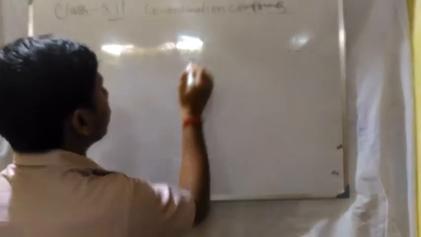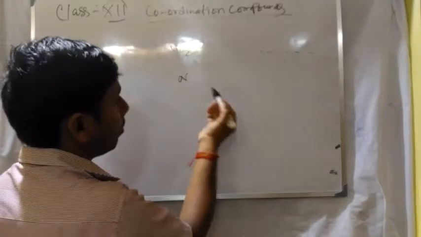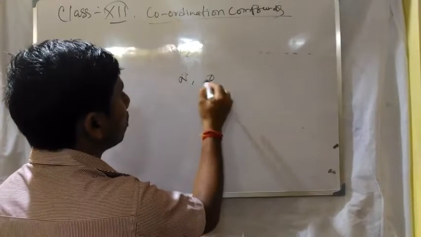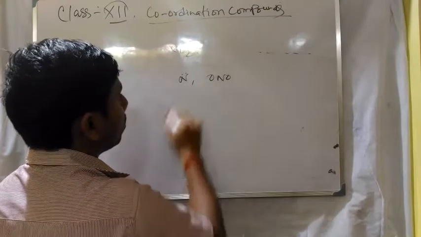So here, a ligand like nitro, NO2, can make bonds with the nitrogen atom and also with the oxygen atom, right?